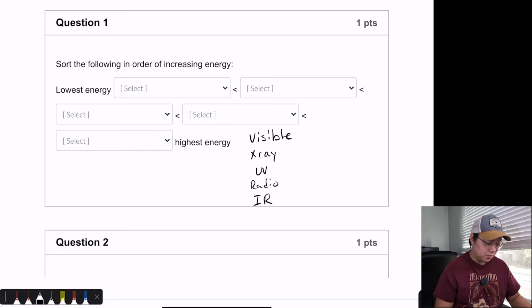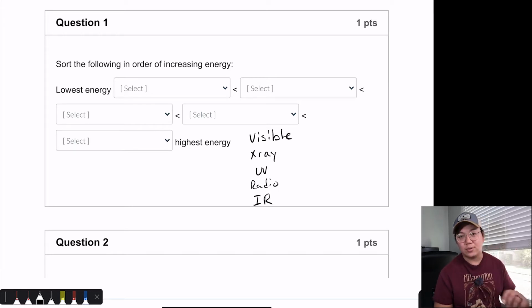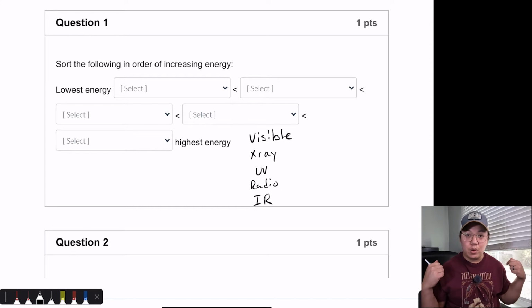Now there are some of these that you might be able to use some critical thinking skills on, and think about what you know in everyday life, things that you've encountered there. For example, X-rays. You go to an X-ray, there's a reason they put, if you're getting dental X-rays, a big metal apron on you.